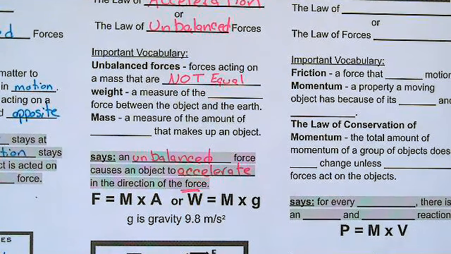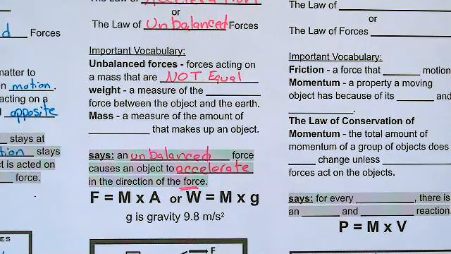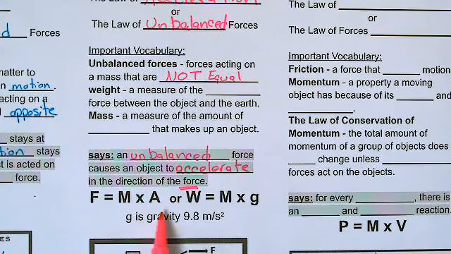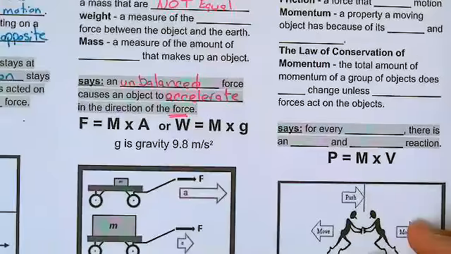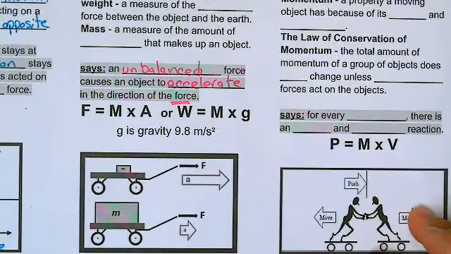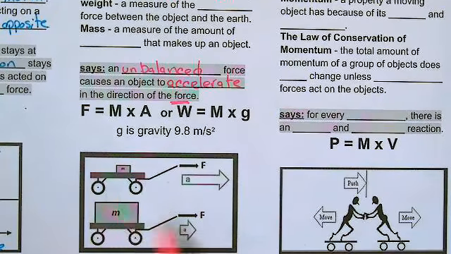Okay, so Newton's second law is where we have some math equations to help us understand it. So this is force equals mass times acceleration. If we look at the example here, we have a wagon with a small mass in it, and we have a wagon with a large mass in it.